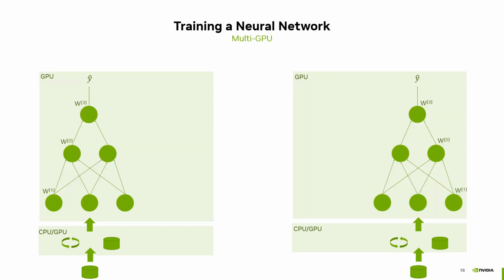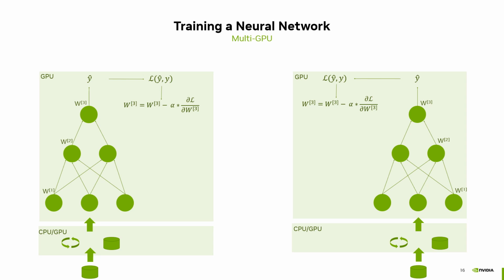Here we have a model which is basically a copy of the same model, right? It will be initialized with exactly the same weights, and there will be a copy on each of the GPUs. Then we compute activations for the first, second, and third layer, and compute the loss.